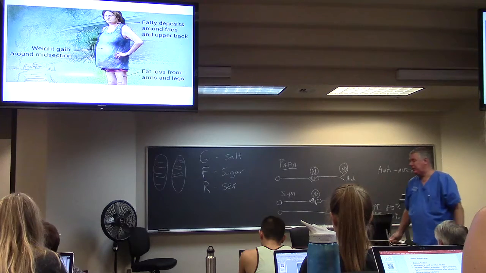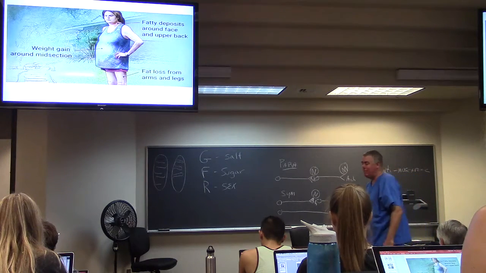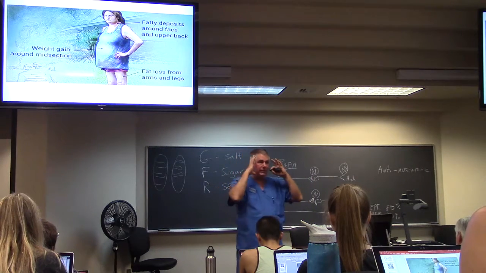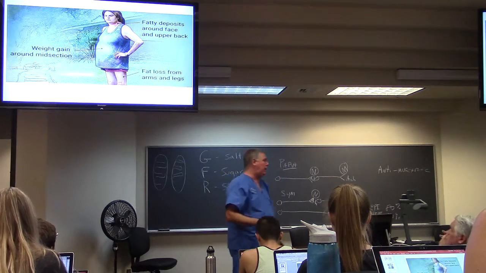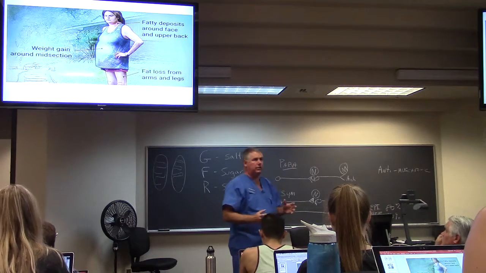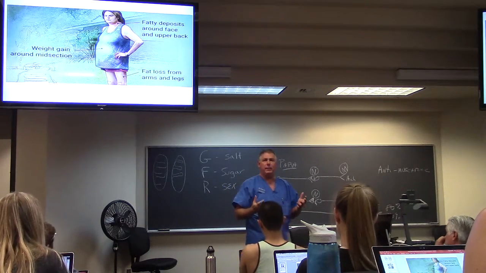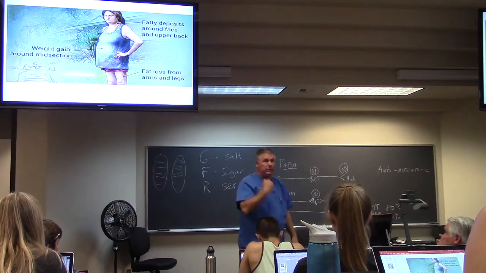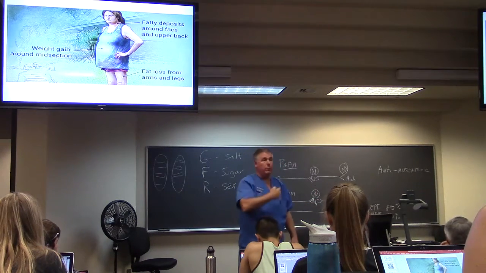These people with Cushing syndrome, they're very characteristic. They have moon faces. If you've ever seen a little kid or a person with a significant connective tissue disease that's on high-dose steroids, they always have round faces, moon faces.